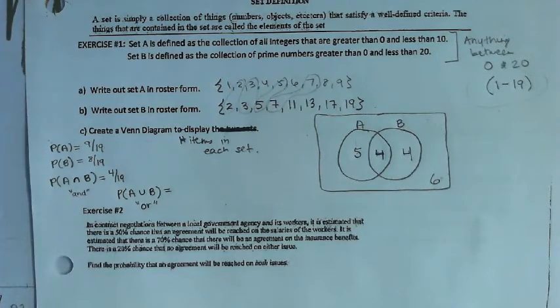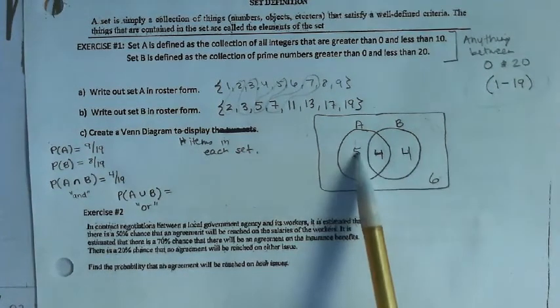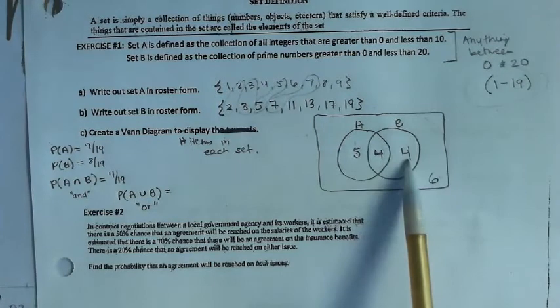What do you think? Probability of picking a number that's in A or B? Which of these numbers did you add to get 9? This 5 and that 4.